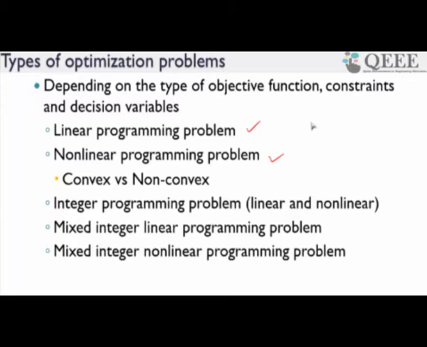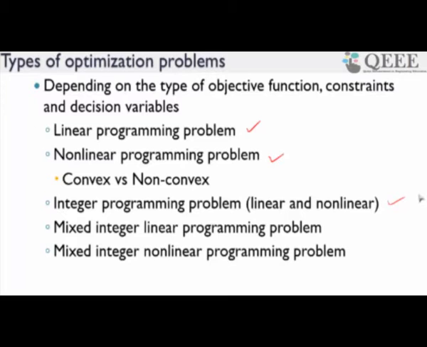There is a very special class of problems where the decision variables are not continuous, but discrete, taking only integer values such as 0, 1, 2, 3 and so on. Those are called integer programming problems. If the decision variables can only take values 0 and 1, then we call it a binary integer programming problem.